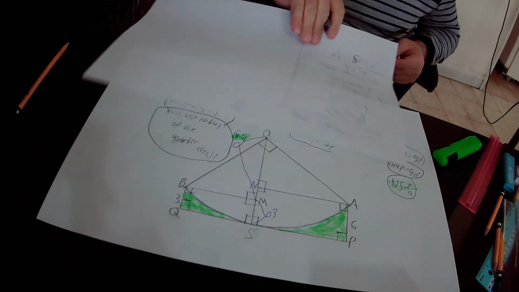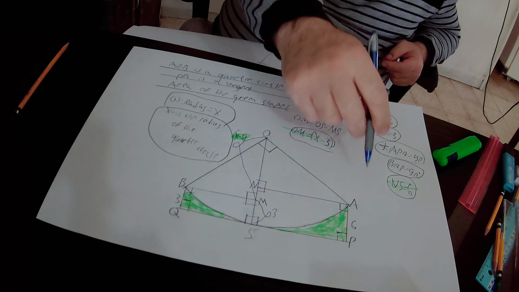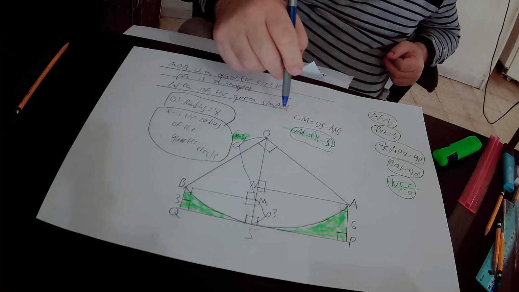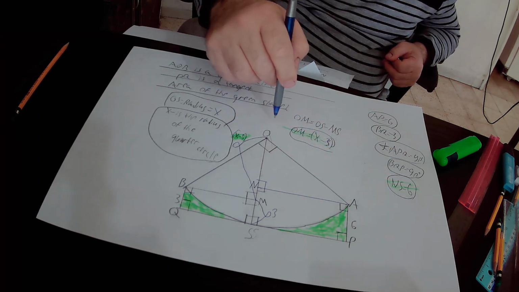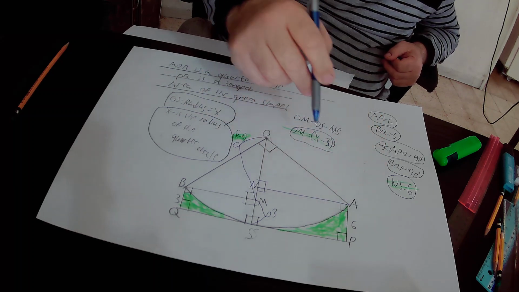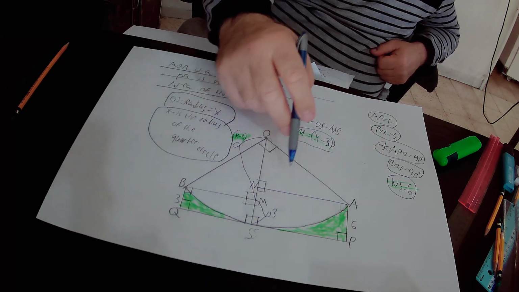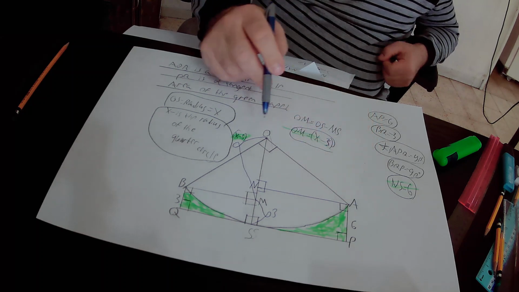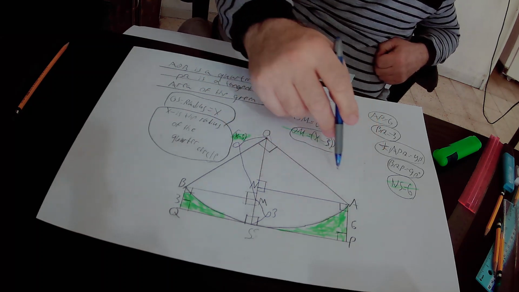OS is parallel to AP, so in quadrilateral OSPA, side OS is parallel to side AP. Therefore, quadrilateral OSPA is a trapezoid.